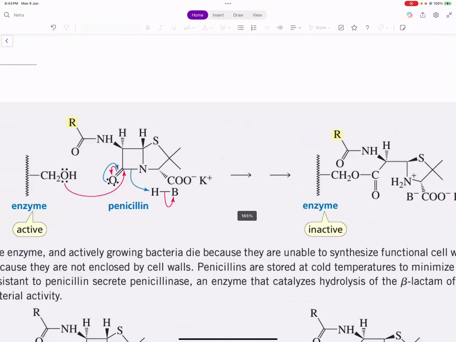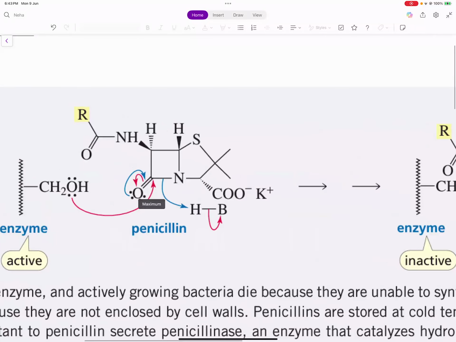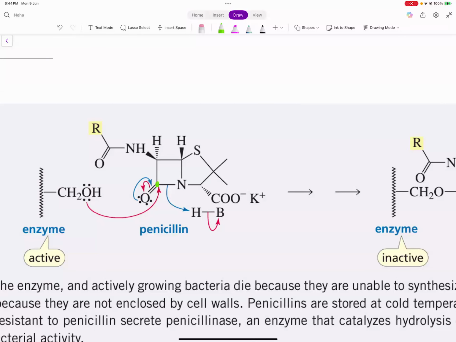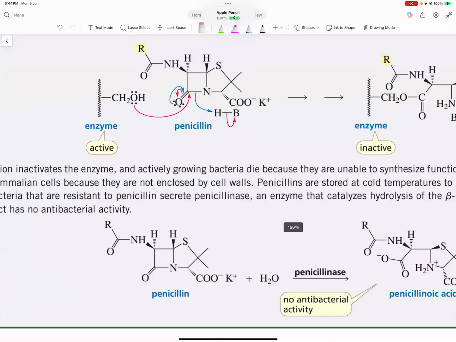This is actually a cyclic amide, R C double bond O N. Got it? Yes, I got it. We'll come back to this. We don't have to do much of this.